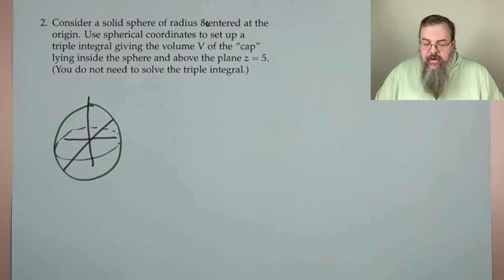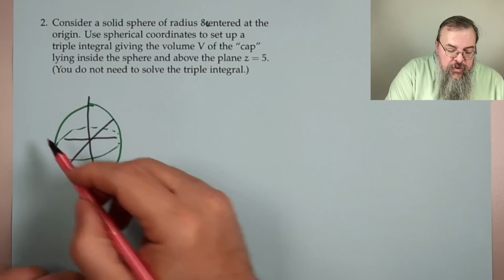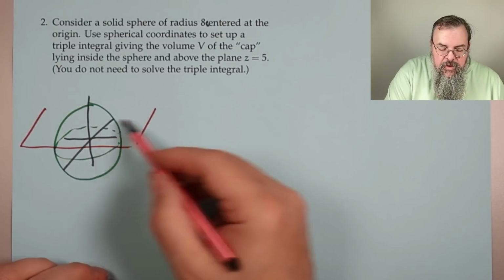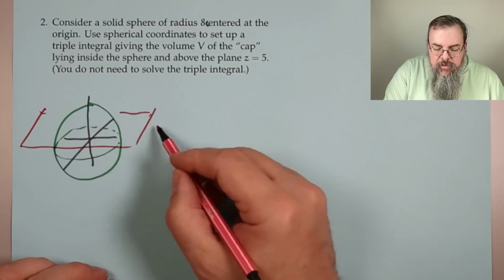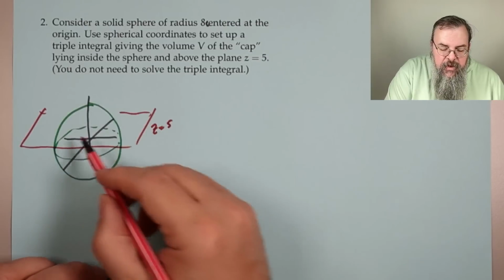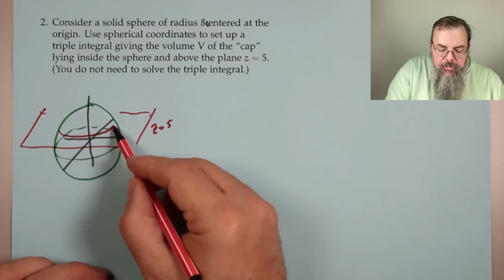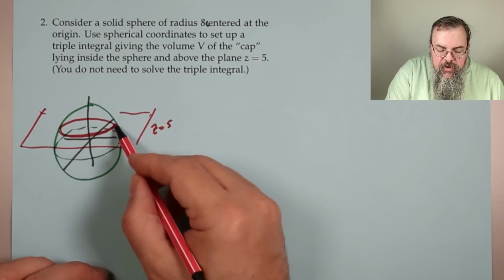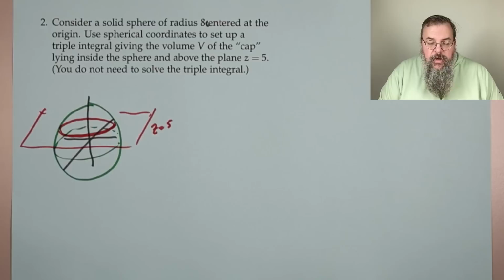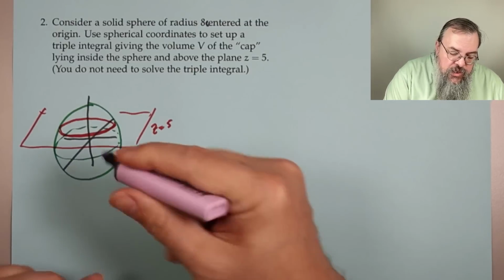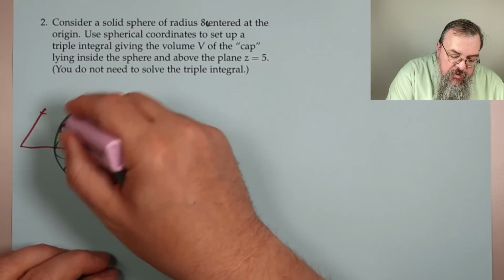This is our plane z equals 5, and the plane will intersect the sphere. What do we want? We want to be inside the sphere, but above the plane. And so our region is this thing up here.